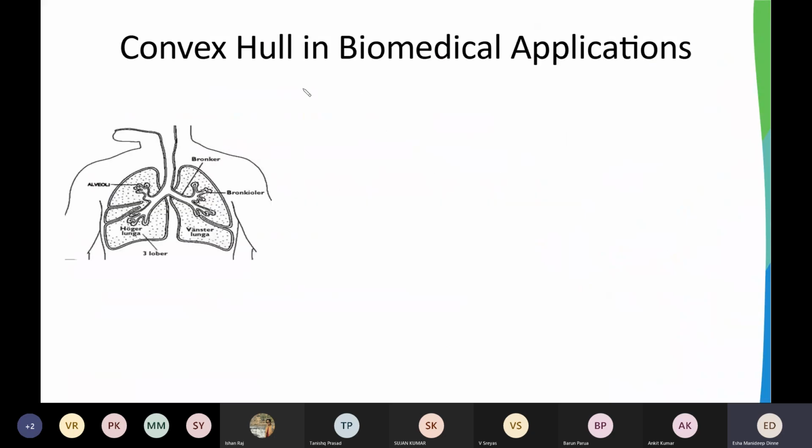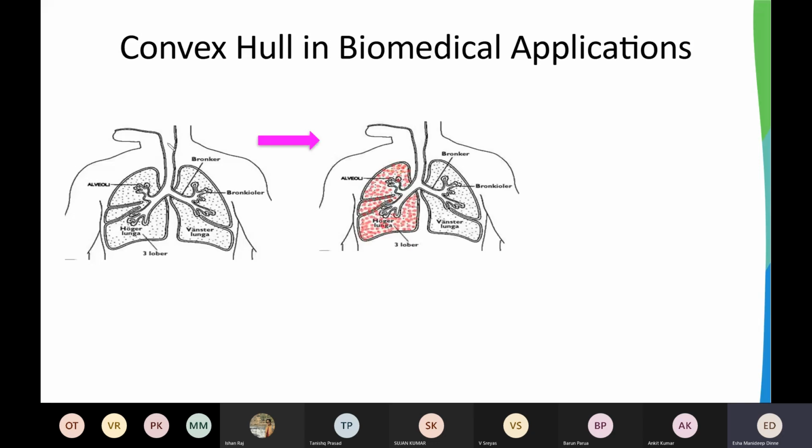Convex hull is actually a very important part of computational geometry because it is very useful. Let's take the example of biomedical applications. If you want to map out the shape of your lung, we'll have a patient inhale some fluorescent molecules which emit a certain type of radiation.